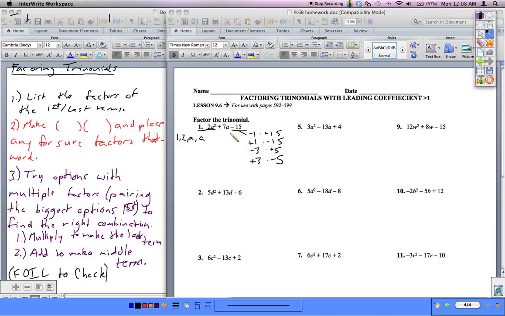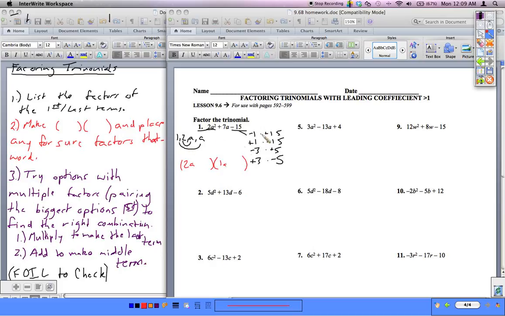So we're going to go ahead and pair up the numbers in the front with the letters that are also there. So 2 is going to pair with A, 1 is going to pair with A, and that's going to be the start to the term. So when I make my parentheses, 2A times 1A is what would multiply to make the 2A squared.